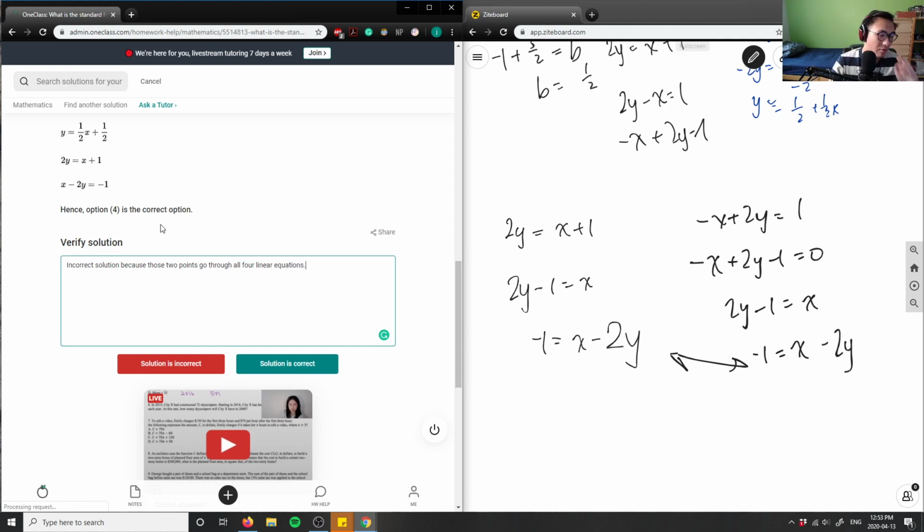It's incorrect because not only 4 of them, all options have the equation y equals half x plus half, right? Therefore, both points would go through all of them. Therefore, all solutions are correct. So this is kind of a trick question, because it says all solutions are correct, or not just one, and we prove that using our algebra here.